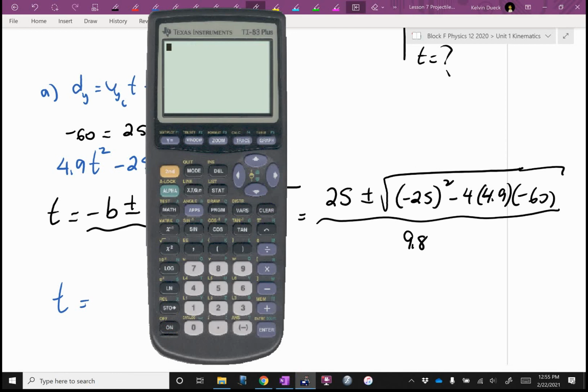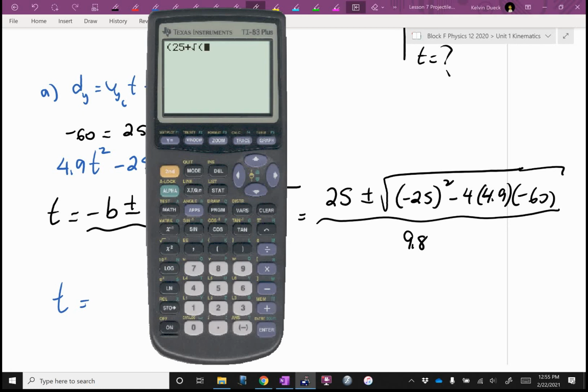So, for those of you who don't have the built-in solvers, is this a fraction? Yep. More than one thing on the top? Yeah. Bracket. 25 plus square root bracket. So look up. Here's Mr. Duick's cheap hack. I know the 25 is negative, but what's a negative squared?